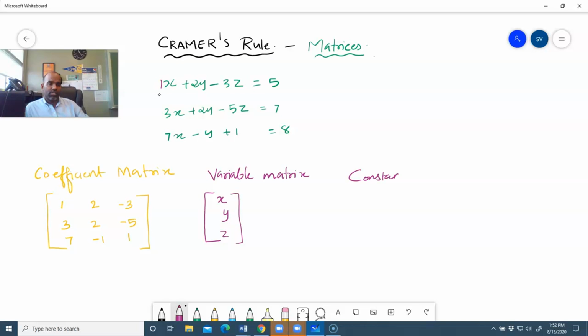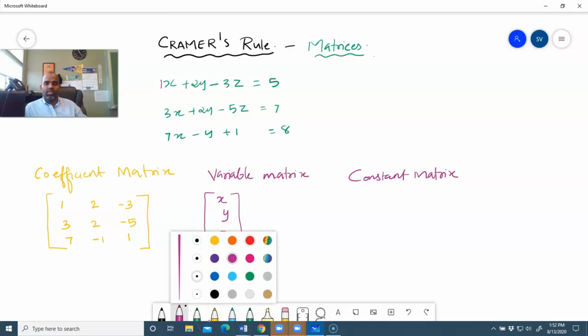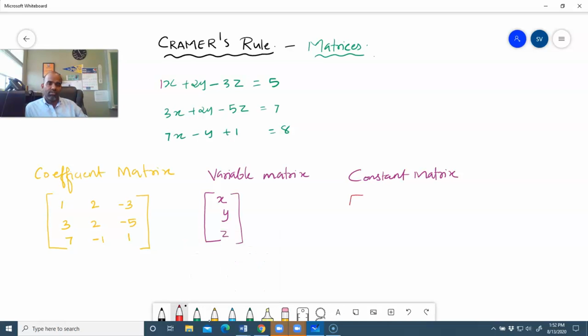Constant matrix means the matrix which consists of all the constants on the right side of the equation. That will also be a column matrix, that is 5, 7, 8.